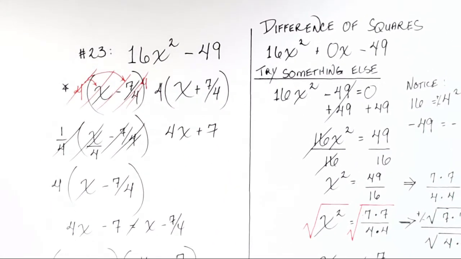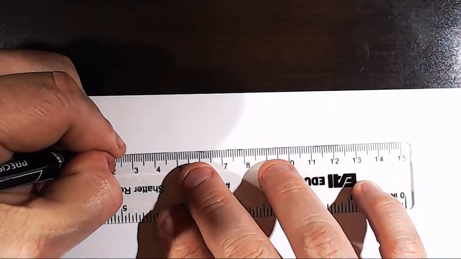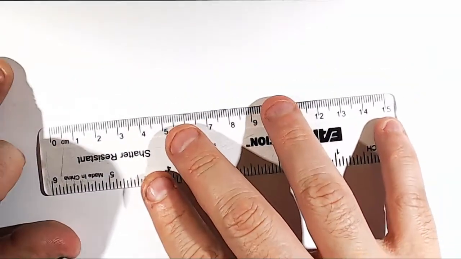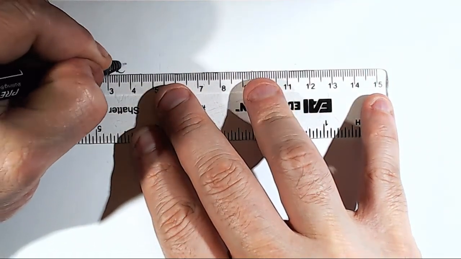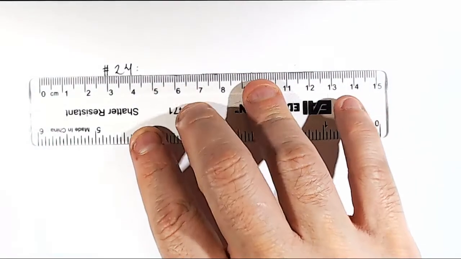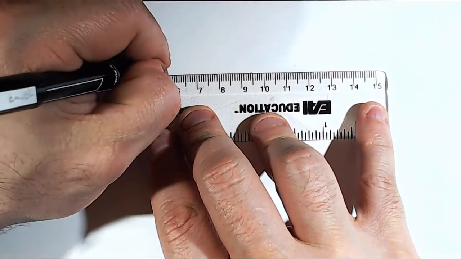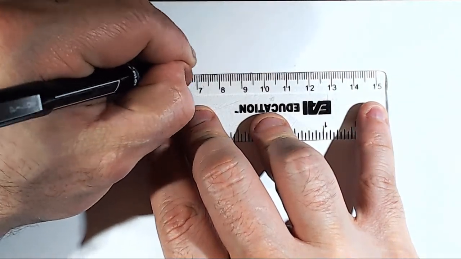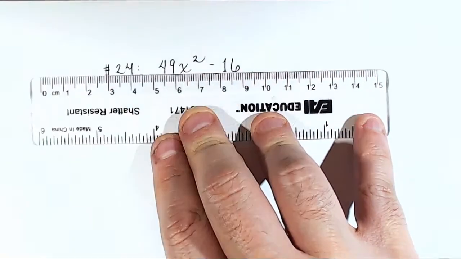Now I'll move on to number 24. Okay, this is number 24. Number 24 is 49x squared minus 16.